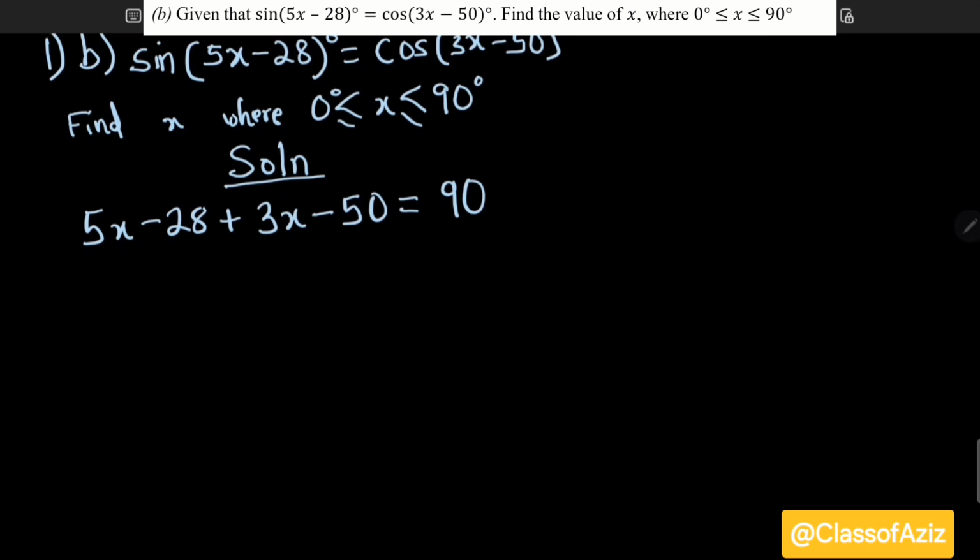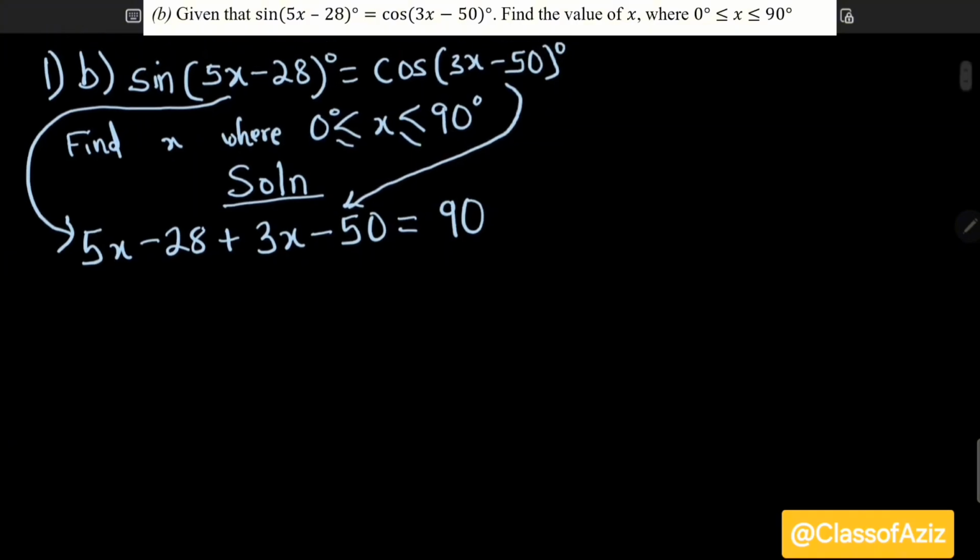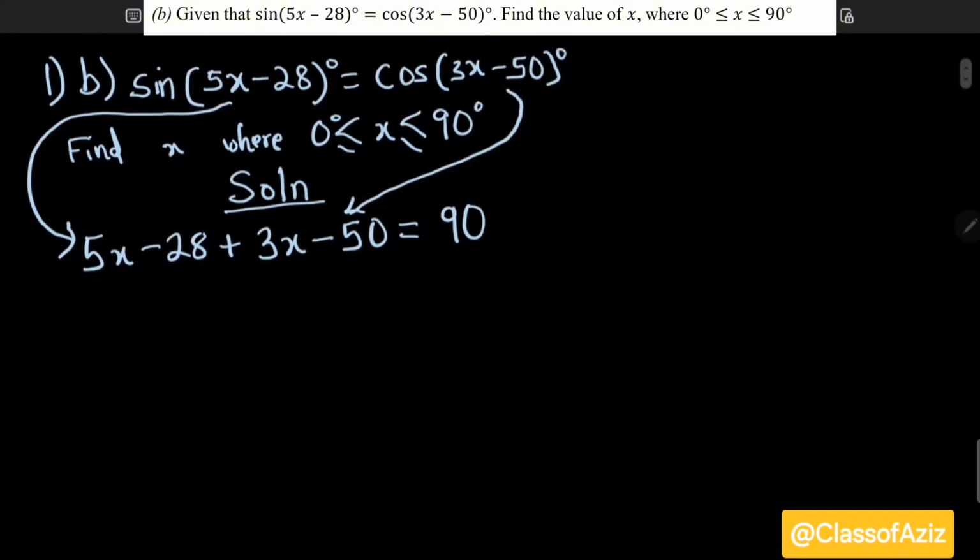Let's take it away from there. And after writing this, so you know where we got the 5x minus 28. So we got it from here, 5x minus 28, and then we got 3x minus 50 from this side. Okay, so let's continue.